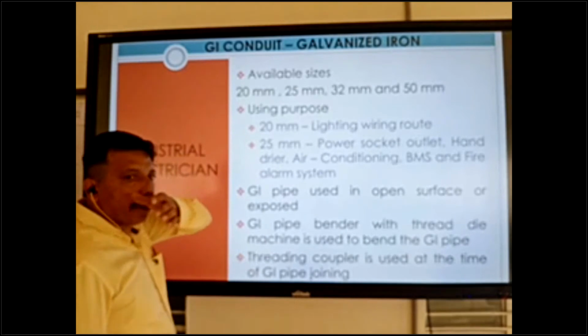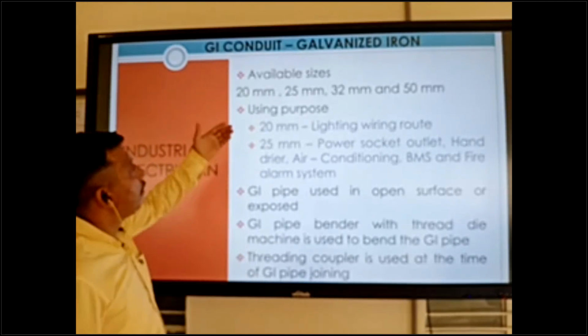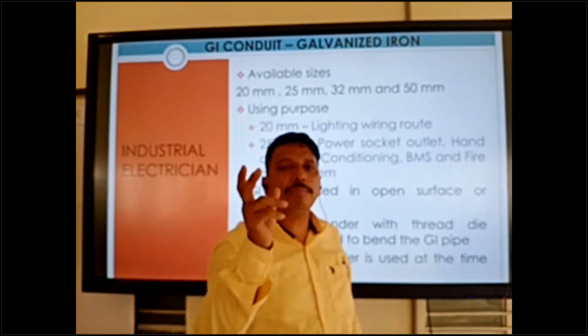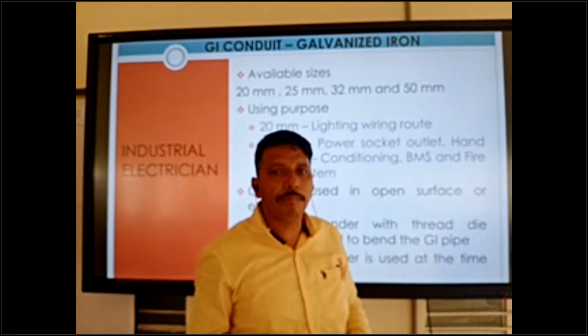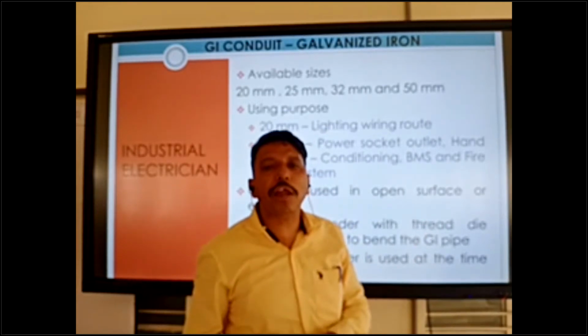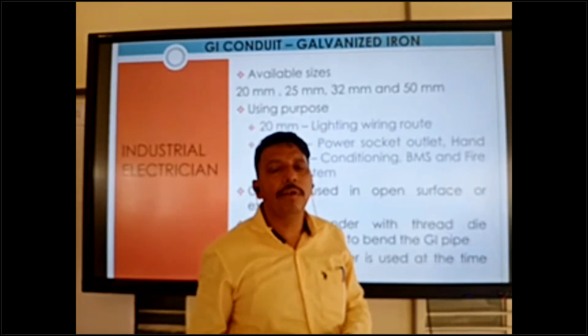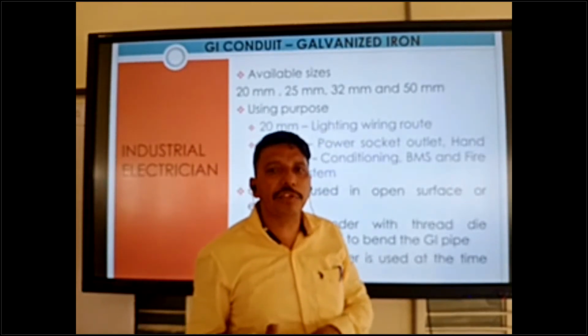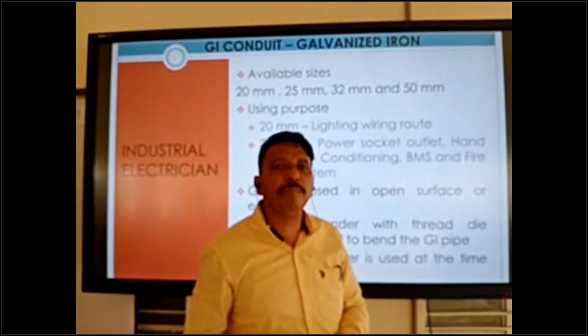In this slide, you can take the knowledge that GI conduit is available in 20, 25, 32 and 50 mm. 20 mm conduit we use for lighting purpose. 25 we use for power socket outlet, hand dryer, AC, BMS or fire alarm system.